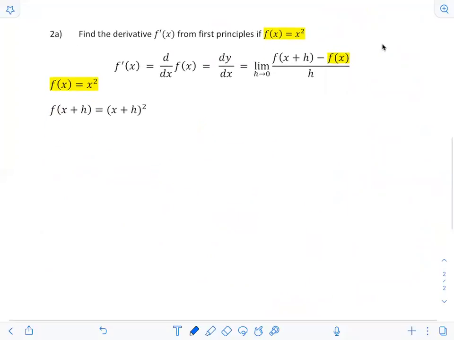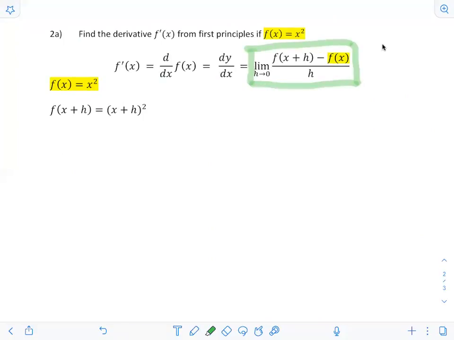We're now going to do one example where we use limits to apply differentiation from first principles. The formula for differentiation from first principles is the limit h approaching 0 of f(x plus h) minus f(x), over h. If we're differentiating f(x) is equal to x squared, so we already know the value of f(x).